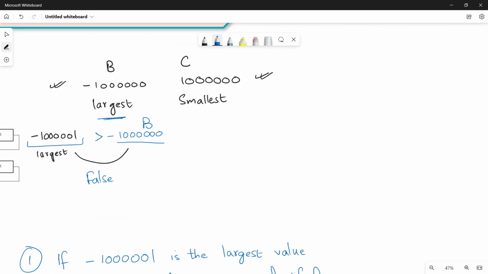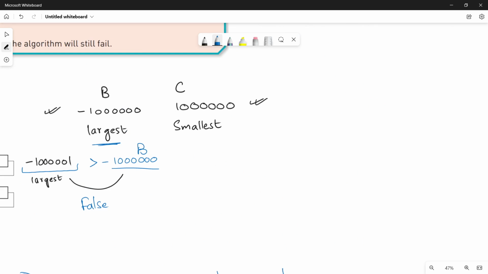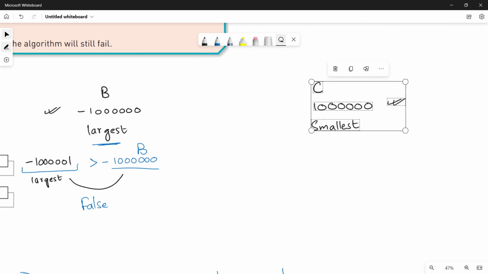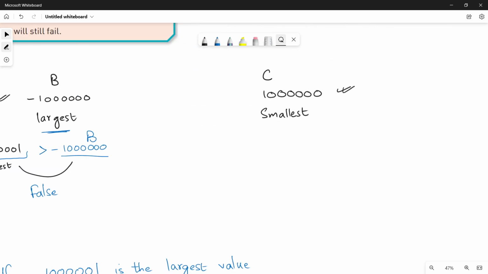Now the same goes for the other number. If we see variable c, let me just quickly move it from here to make you understand this. Variable c has initial value 10000000. It's a positive value. But let's suppose your test data values are greater than this number.